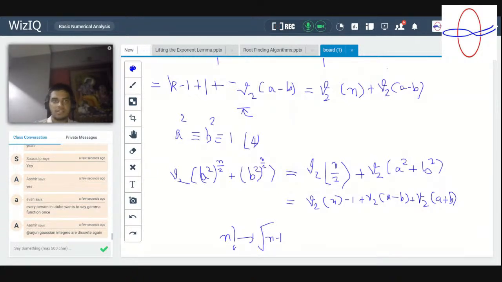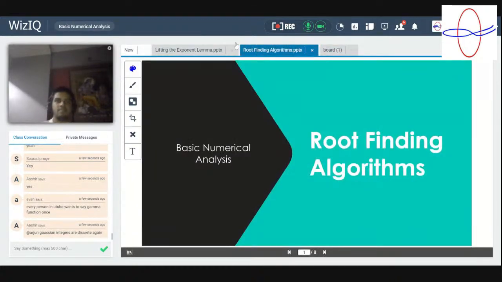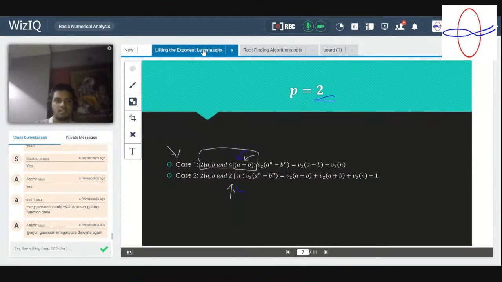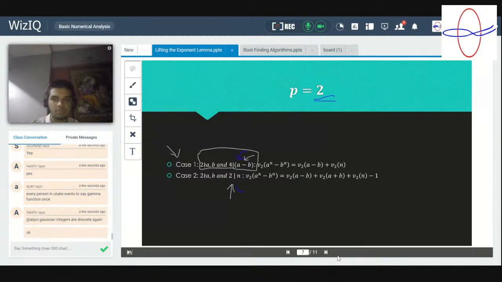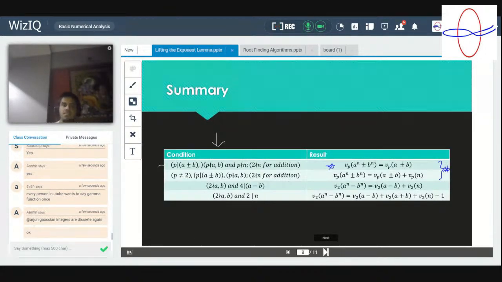right? So with this, we can move to the main topic of today. If you have any doubts in this, you can ask either right now or whenever you come across them. This is basically a summary chart, but yeah.